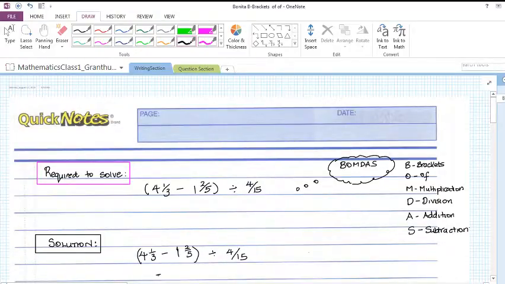This will be equal to, now the 4 and 1/3, one of the first steps you do is convert the mixed number into an improper fraction. So I'm going to just do that. My first step is to convert mixed numbers to improper fractions.